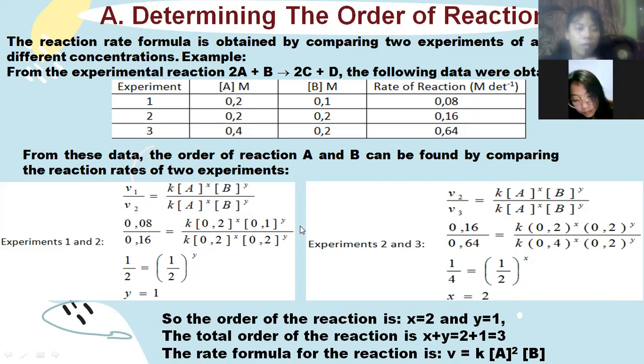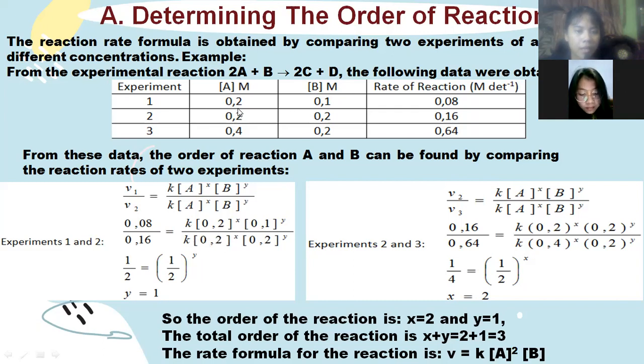So for the first experiment, A for the first experiment, and then B for the first experiment, it becomes K times 0.2, we know it is the A concentration for the first experiment, X degree, times 0.1, we know it as the B concentration in the first experiment, Y degree, over K times 0.2.